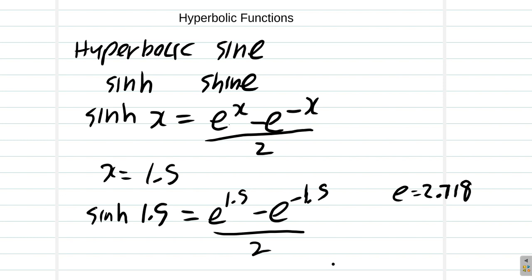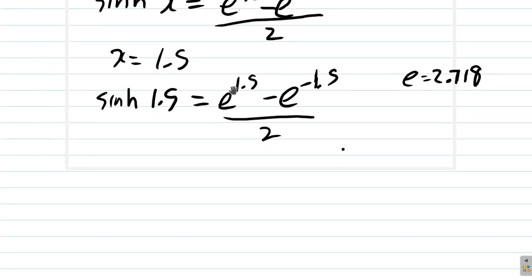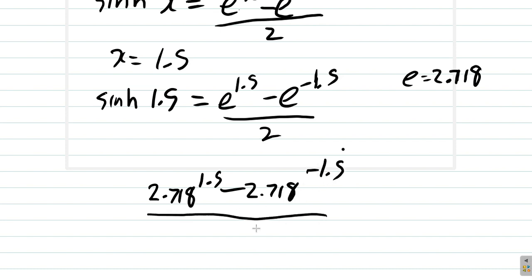So let's do a little thing here. 2.718 to the power of 1.5 minus 2.718 to the power of negative 1.5, over 2.